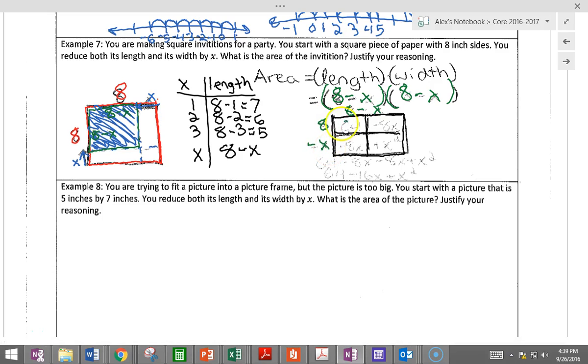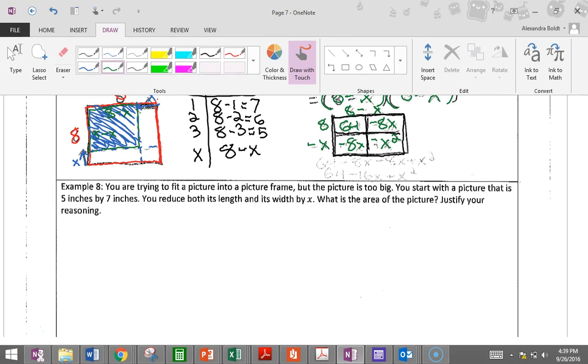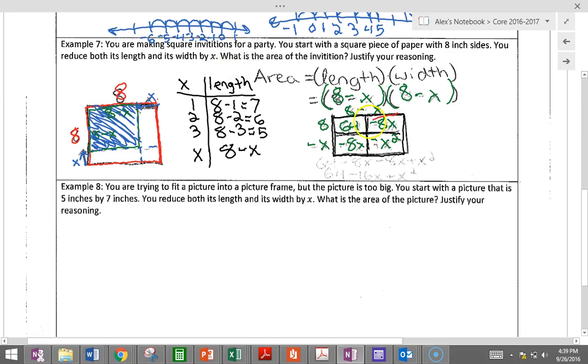So 8 times 8 is 64. 8 times negative x is negative 8x. 8 times negative x is negative 8x. And negative x times negative x is positive x squared. So we can combine like terms. I have a negative 8x and a negative 8x.